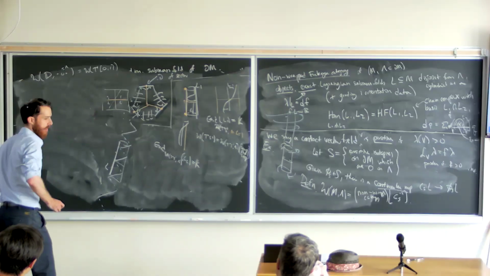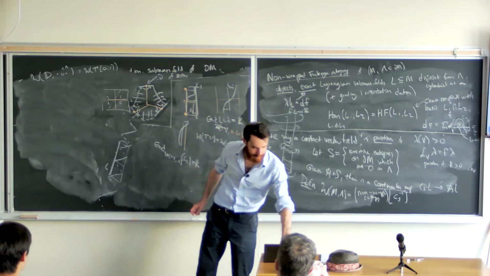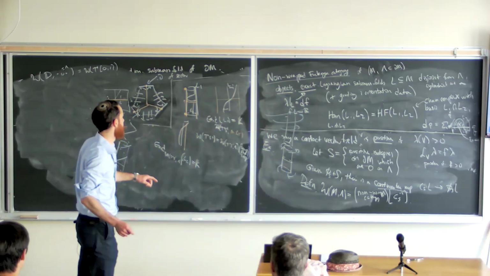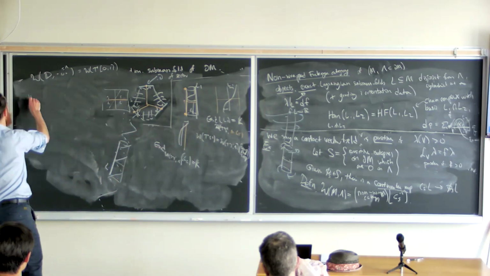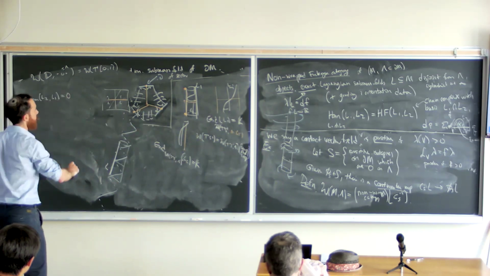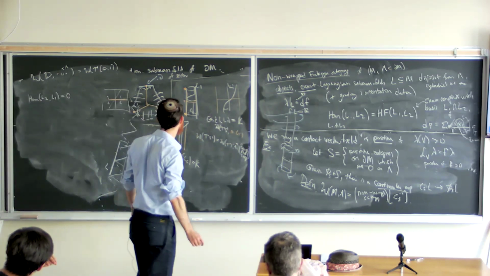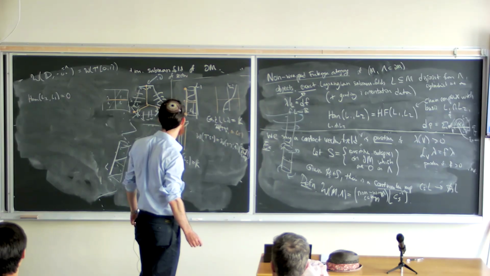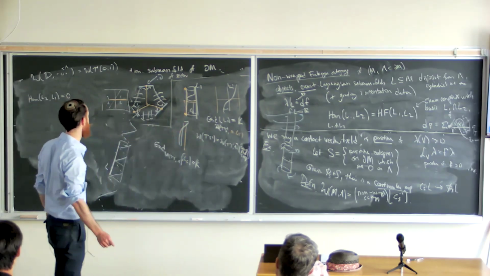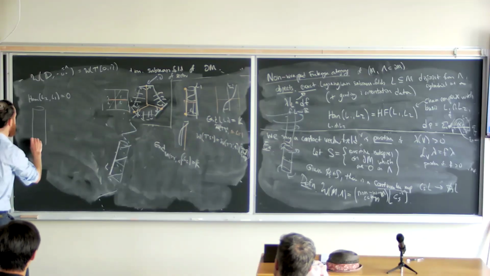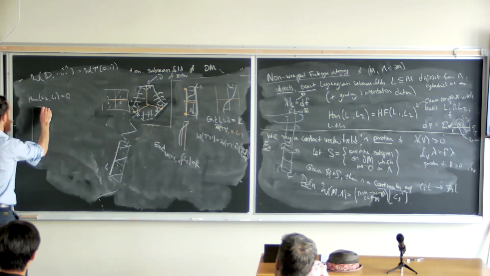My claim is that Hom from L2 to L1 is going to be 0, because L2 starts and ends on the wrong side of L1.